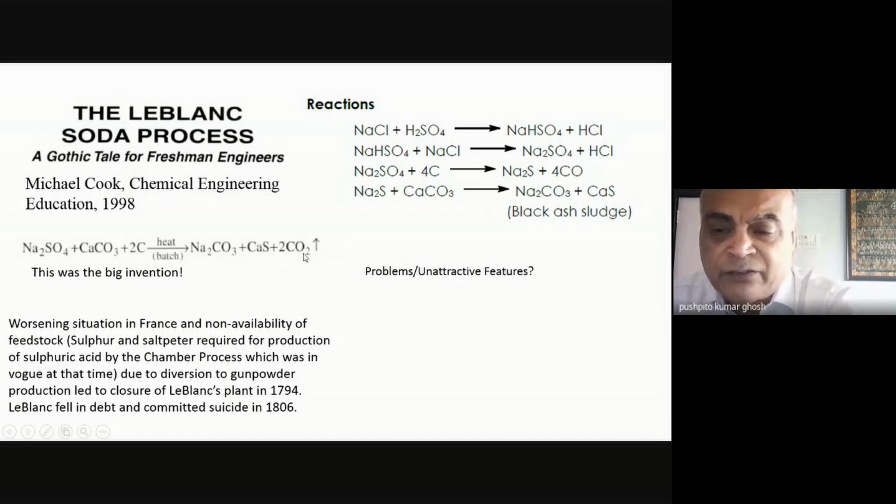plus carbon dioxide. But it was also a big mess because the calcium sulfide and this whole stuff formed a black, terrible looking ash. And there were huge problems with this technology, to extract out sodium carbonate from that, to deal with all the waste, etc. So that was one problem.